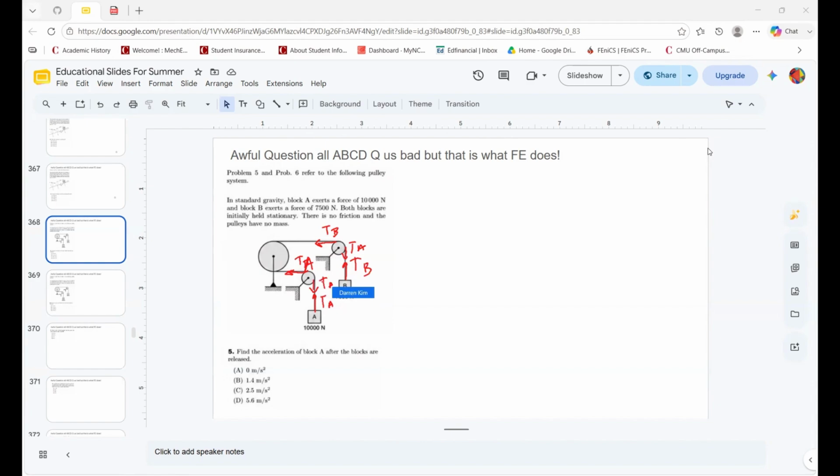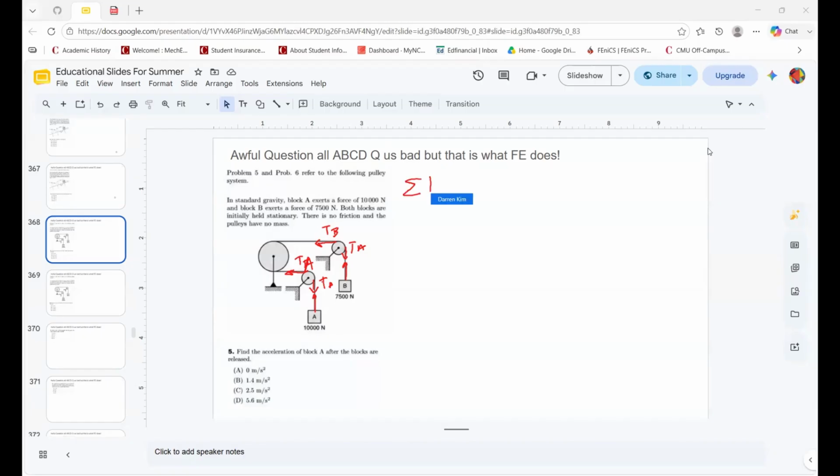Now the problem is, it's no longer stationary. So what's happening here is that we cannot just assume things anymore. We have to actually figure things out, because they're not zero, they are moving. So finding the solution on block A will require me to do this.